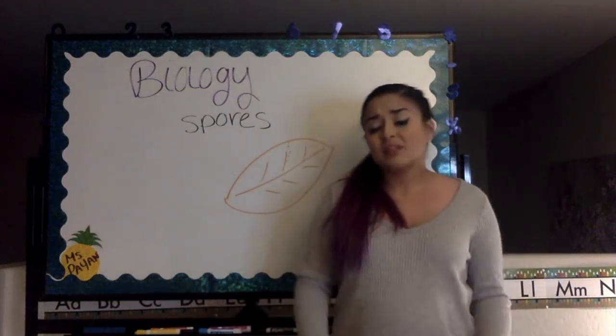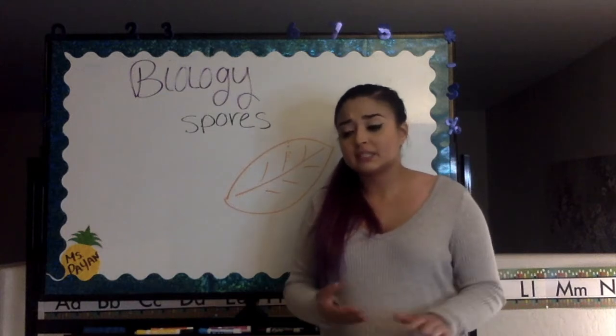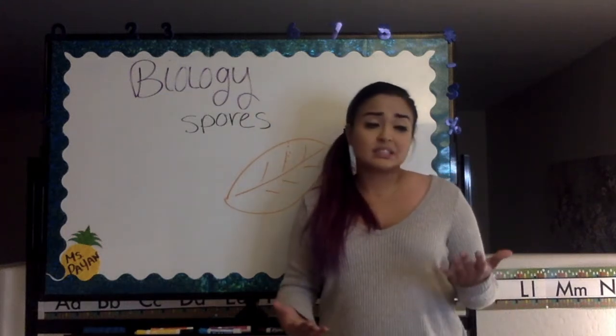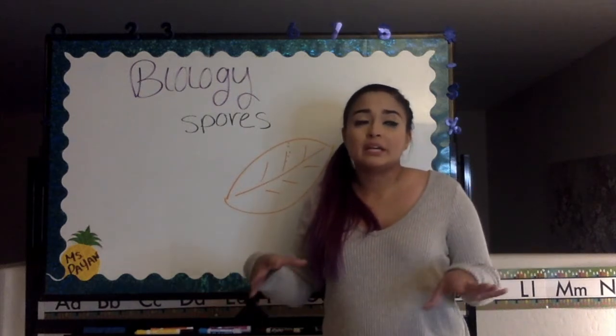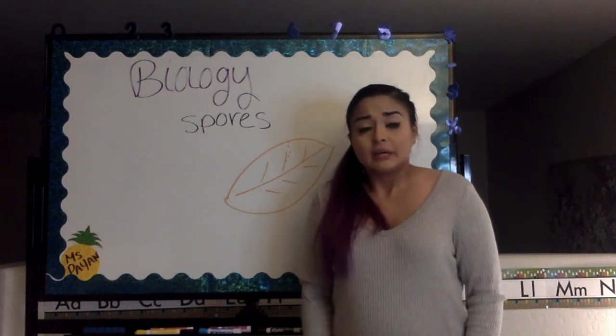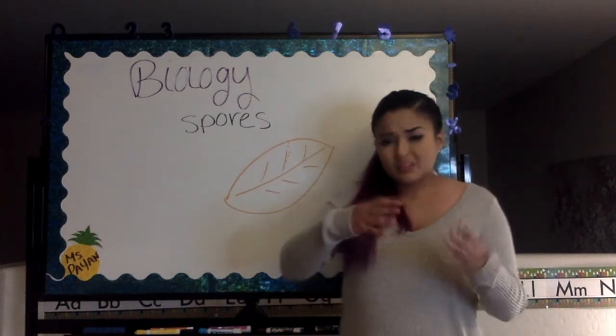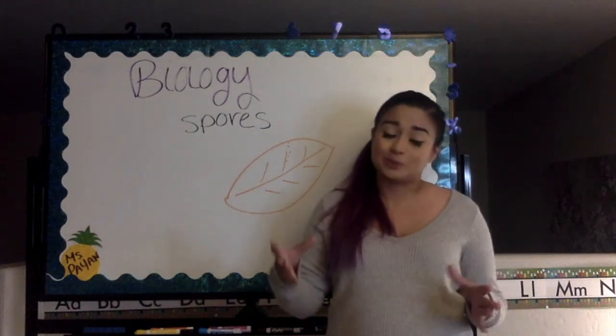Now, for a moss, like I mentioned before, it doesn't grow tall. It doesn't grow too big. It grows just like on damp, dark areas. Swamp maybe. That's what comes to mind for me. A swamp.